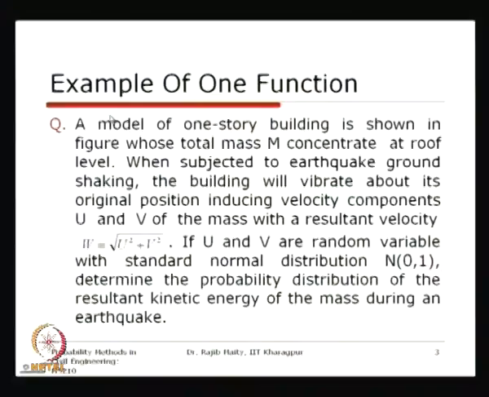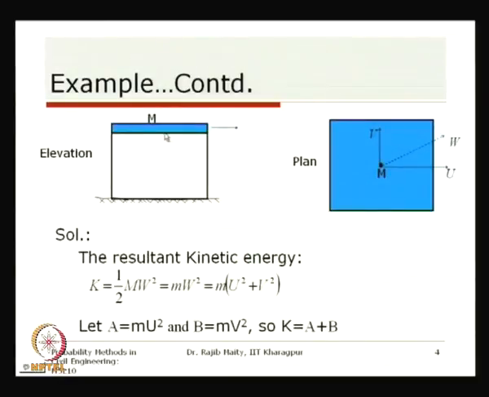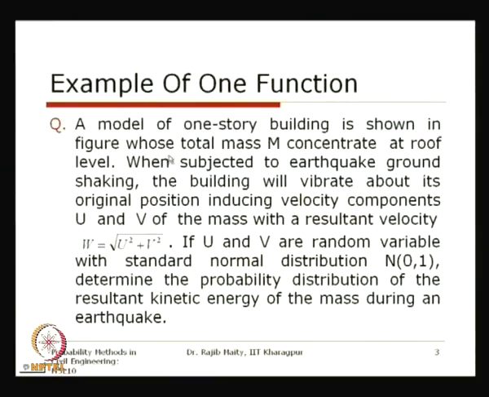The problem statement is that a model of a one story building is shown in the figure. Let us see the figure first. This is a one storied building, and as I was telling, mass m is concentrated at its roof level.